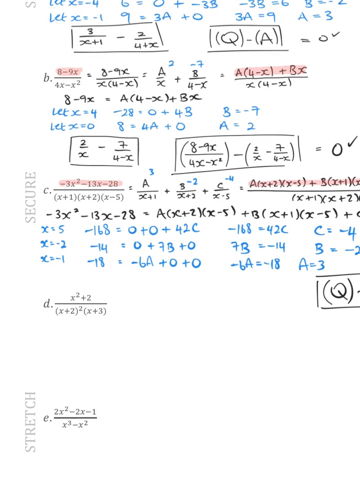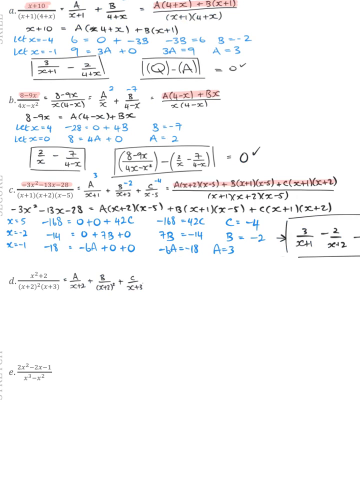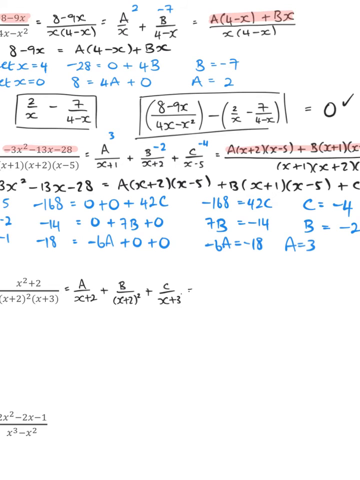Okay, question 4. Now we have a repeated factor. So remember, we have the square factor, and the random other value. Okay, and then we're going to multiply across. So a needs to be multiplied by that once, and that.